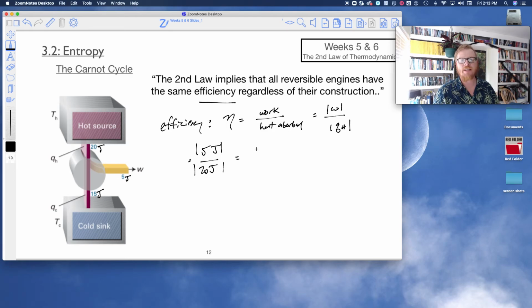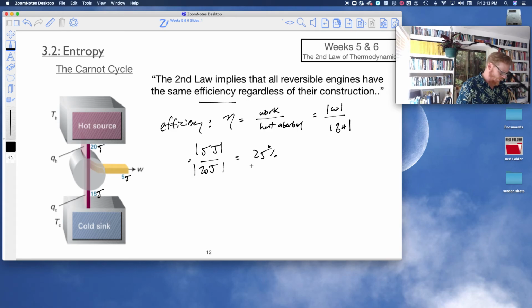So that means this machine was 25% efficient, which sounds pretty terrible, but that's actually typical. The internal combustion engine, the engine in your automobile, is about 20 to 25% efficient. That's very typical.